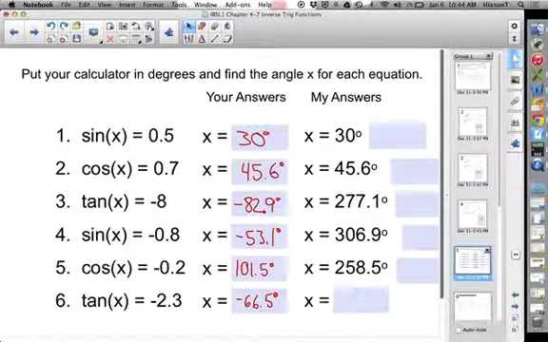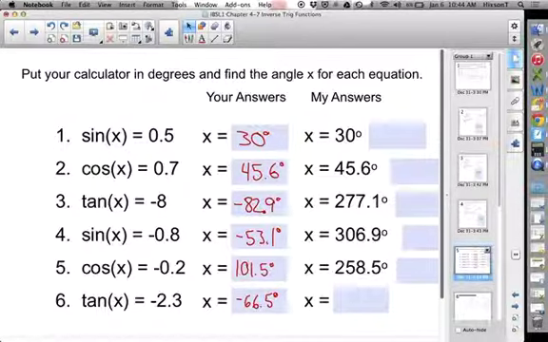Think about it. What do we know about cosine? Where is it negative? In the second and third quadrant. 101.5 is in the second quadrant, right?